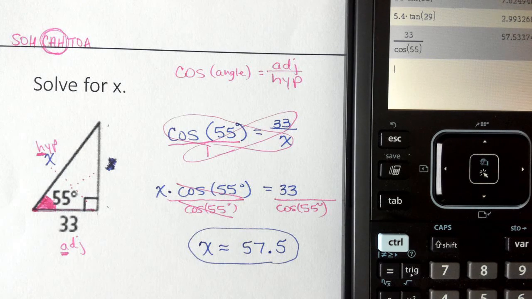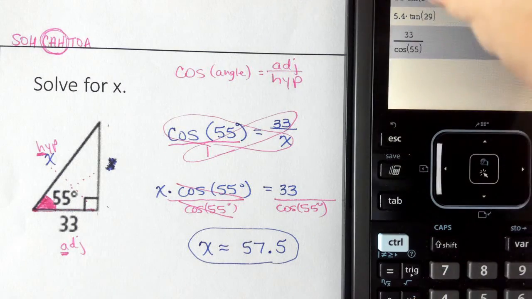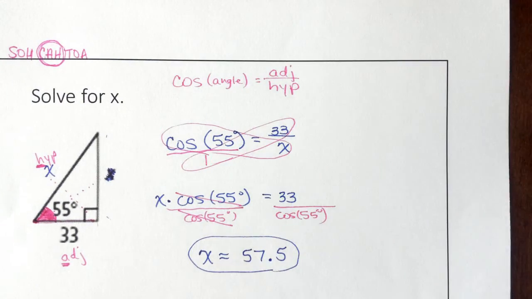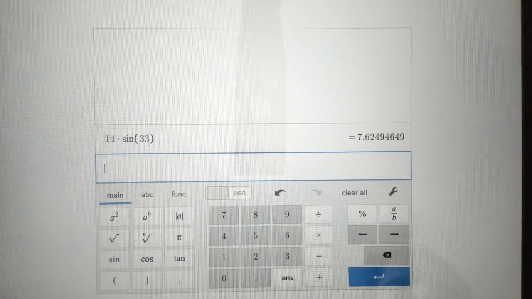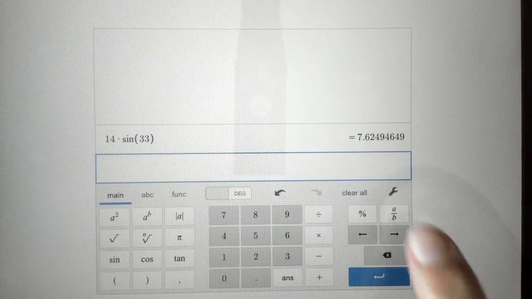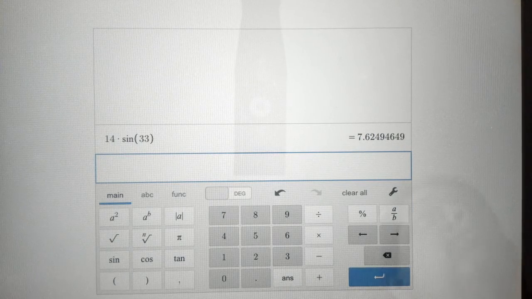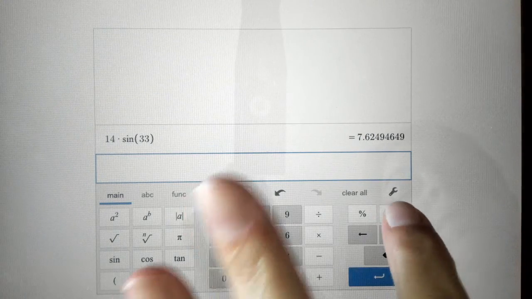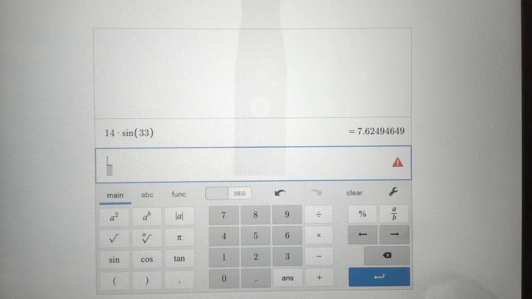Now, let's look at this online calculator to see what that looks like when we don't have the Inspire. So I do notice on this handy dandy calculator, there's a fraction template right there. I've never used it before, so we're going to play with it together now. If I click on that fraction template, it literally gives me a fraction template just like the Inspire did.